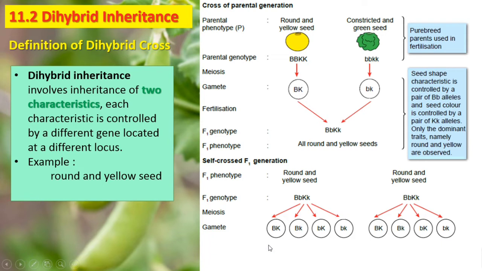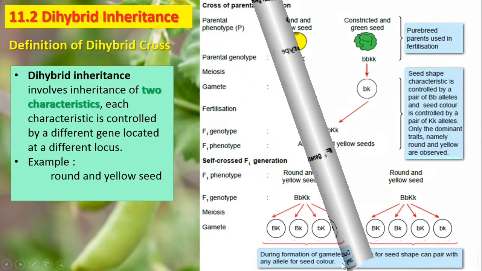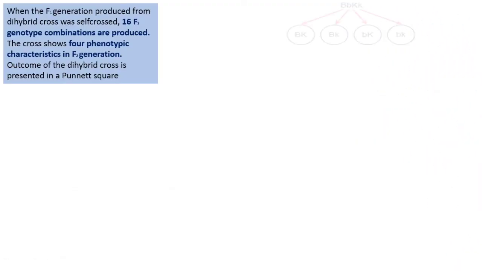During gamete formation, any allele for seed shape can pair with any allele for seed color. So when the F1 generation from the dihybrid cross is self crossed, 16 F2 genotype combinations are produced. The cross shows the 4 phenotype characteristics of the F2 generation. The outcome of the dihybrid cross is presented by a Punnett square.